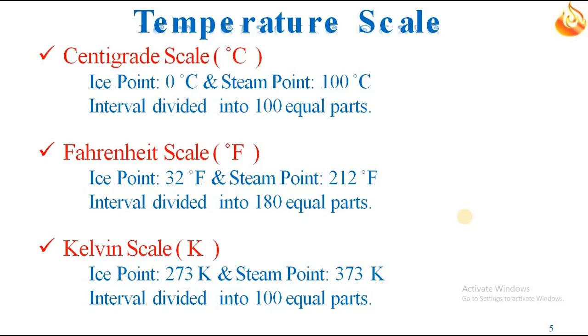Then after the Fahrenheit scale, the next scale is the Kelvin scale, where the freezing point is 273 Kelvin and the boiling temperature is 373 Kelvin.